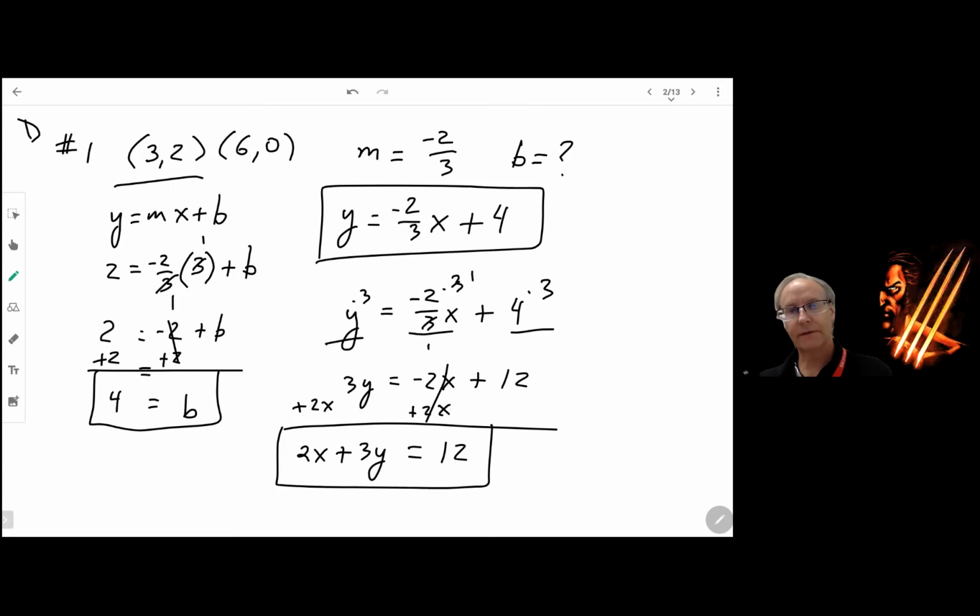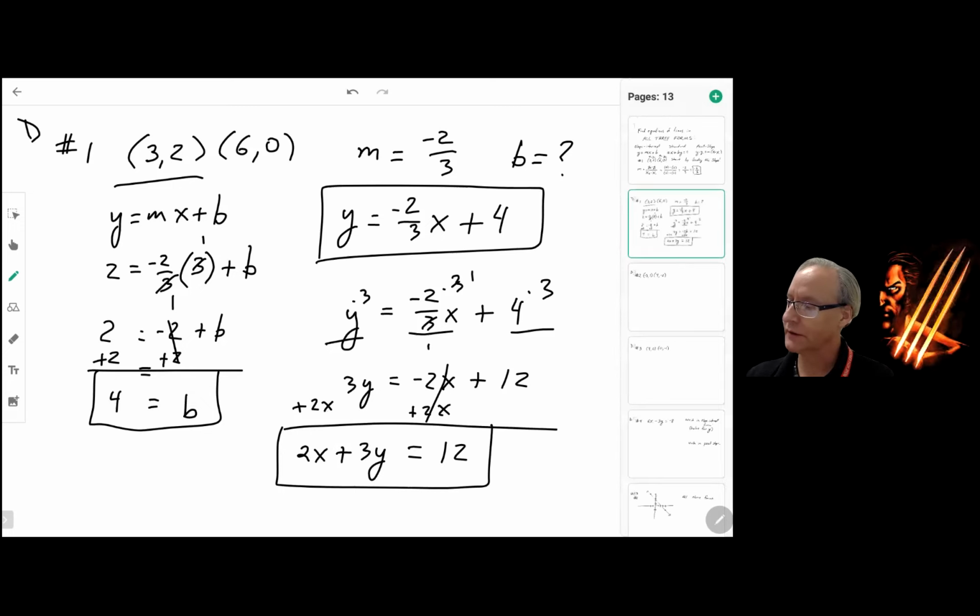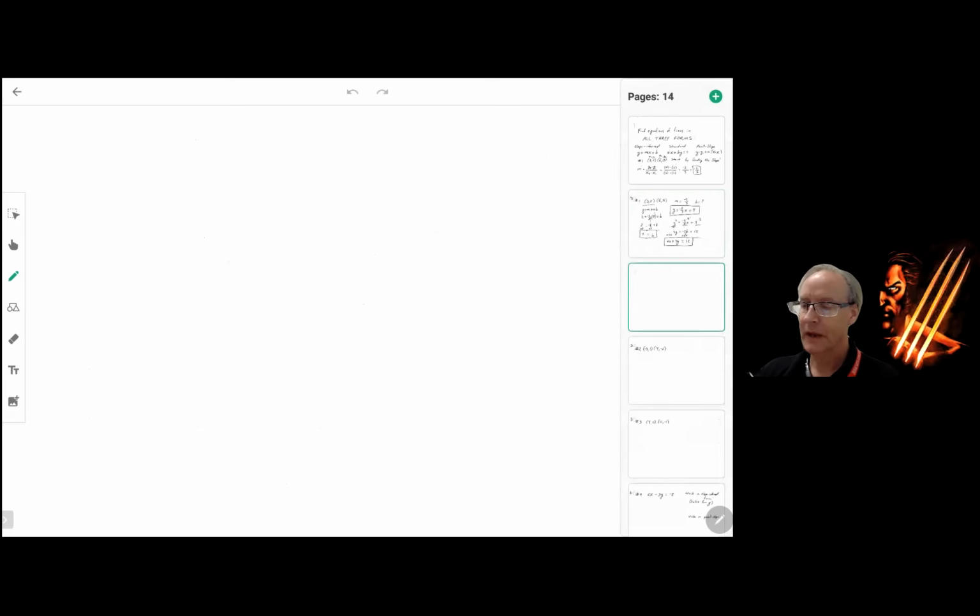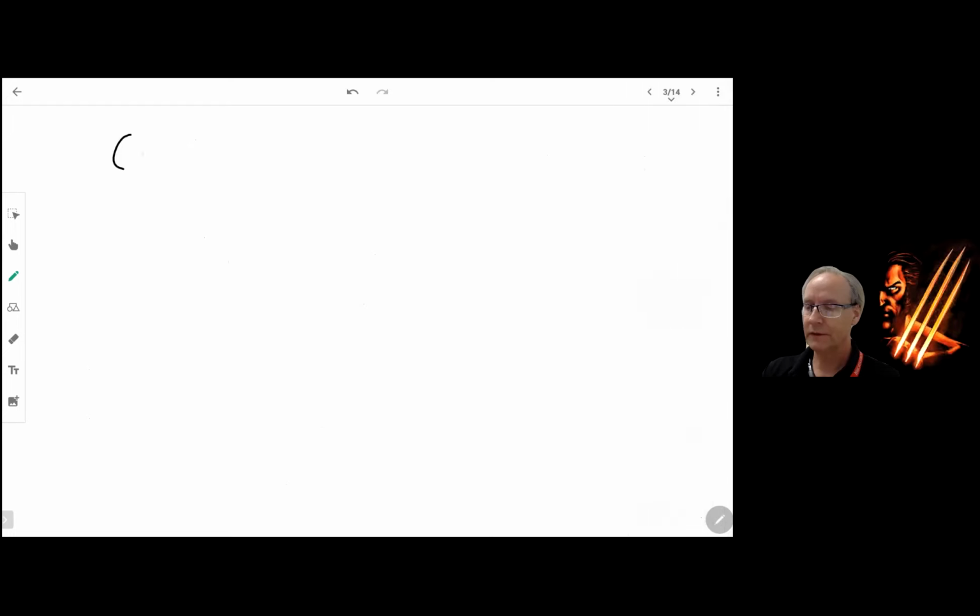Now there's one other form, and it is so ridiculously easy if you know how to do it. I prefer to use that all the time. Anytime I'm given a point and a slope, I always love point-slope form. And here's how point-slope form works. One of my points, I believe, was (3, 2), and my slope was negative 2/3.